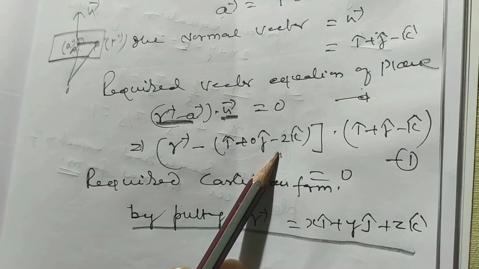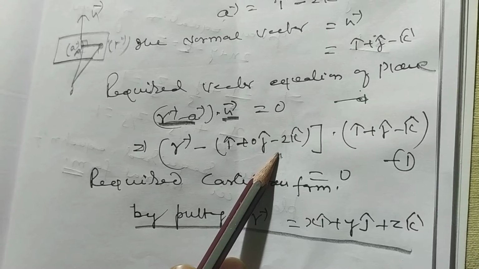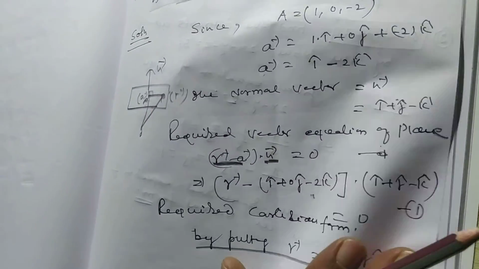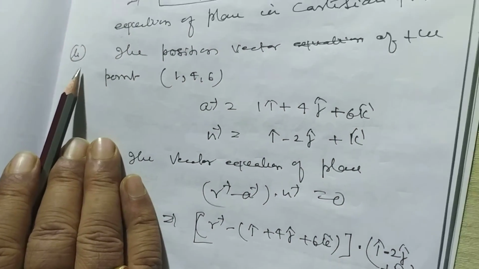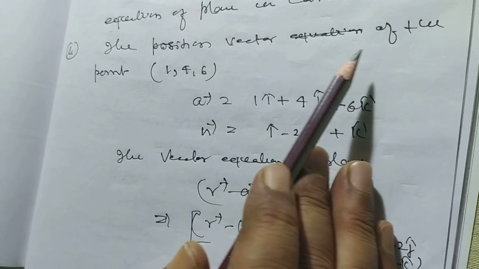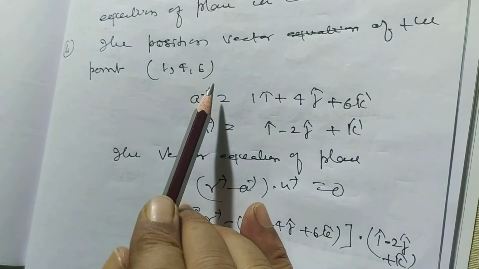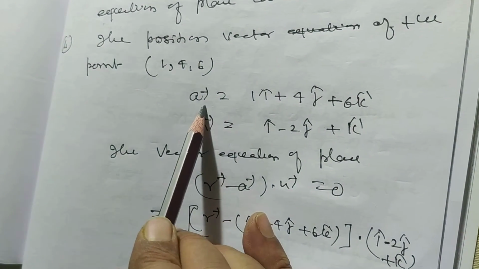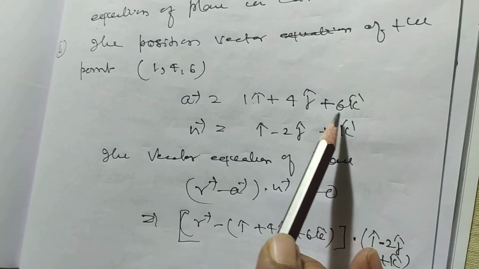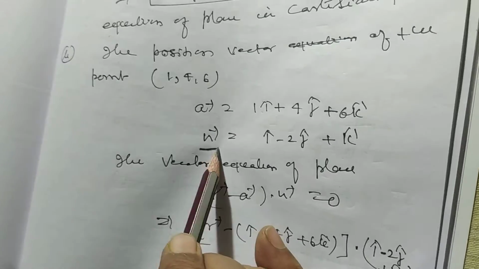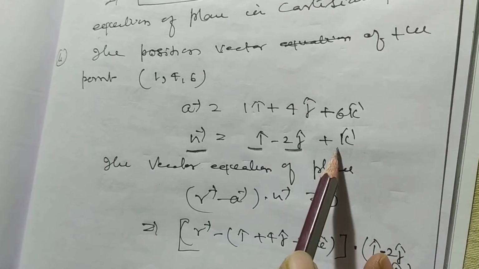Now in your syllabus it is given to find the equation of the plane in vector form and Cartesian form. So now my dear students, what is problem B? The position vector of the point (1, 4, 6): vector a is equal to 1 i cap + 4j cap + 6k cap, and vector n is equal to i cap - 2j cap + k cap.